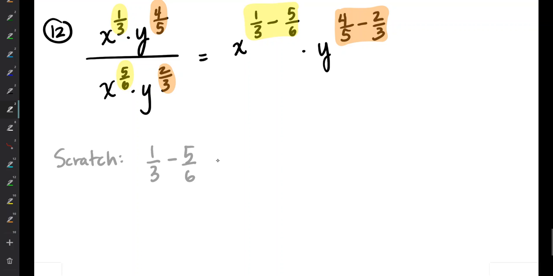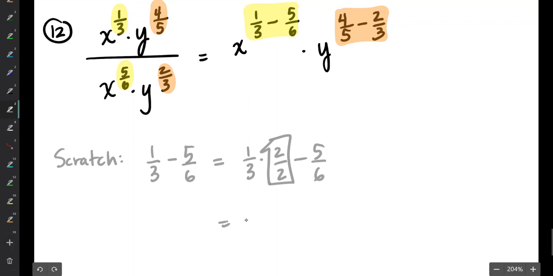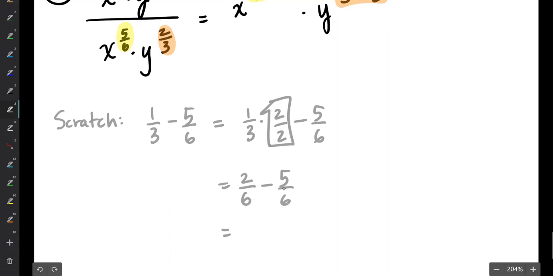I need a common denominator here. 1/3 is 1/3 times 1 in the form of 2/2. So multiply fractions straight across. We've got 2/6 minus 5/6. 2 minus 5 is minus 3/6.